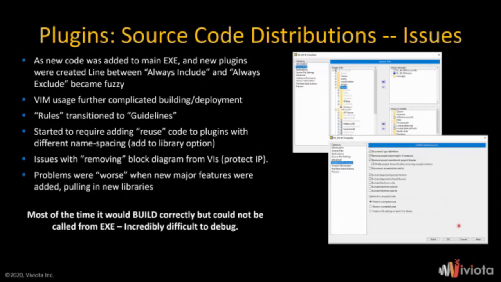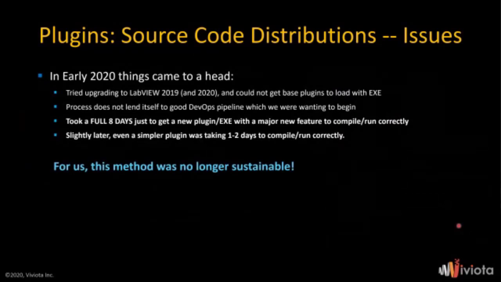So we were having a lot of problems, and a lot of times these things would build correctly, but as soon as you would call them from the executable, it wouldn't work anymore. And we would have no idea why. It would just tell us that the library was broken, and we didn't have really any good tools to get in there and figure out why the library was broken.